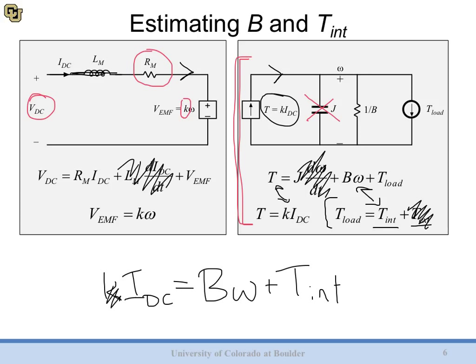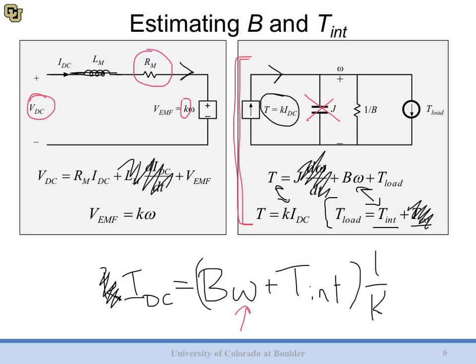We know what K is, so let's just divide through by that. And now, what does this look like? Well, we have our input IDC equals B times what we'll say is our output, so omega, plus T int.